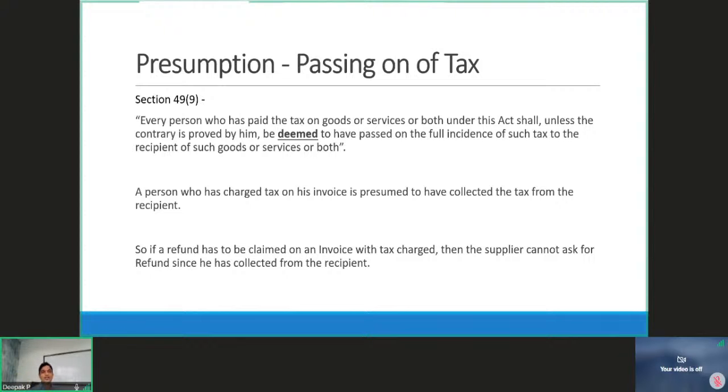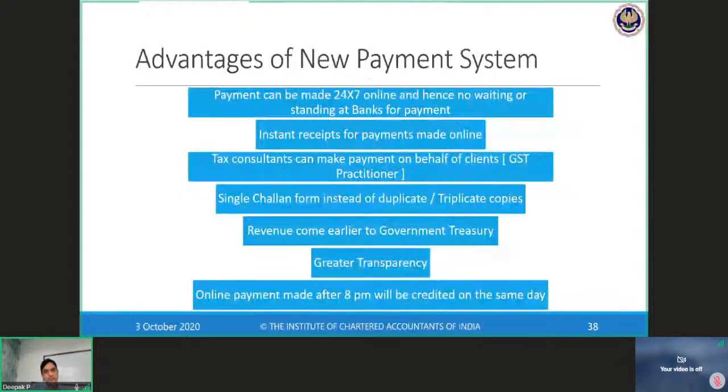Otherwise, it is always assumed that the recipient has paid the tax and not the seller, because the seller acts like an agent. He collects tax from the customers and then pays to the government. So I cannot say that I have paid the tax from my pocket, give the refund to me. Not possible. Refund has to be claimed by the person who is the recipient, not me. The person who has charged tax on his invoice is presumed to have collected the tax from the recipient, is what this 49(9) says.